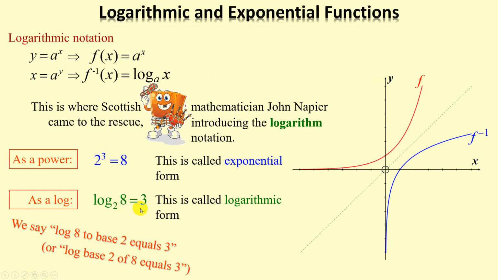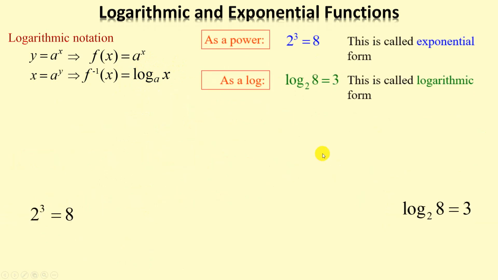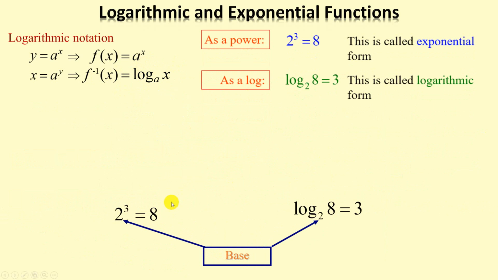Let's go into this logarithm a bit more. You'll see we now have a function to write as the inverse function. Two is the base in the exponent, and there's the base in the log, and it's still the base. There's the number, 2 cubed equals 8, well, log of 8.